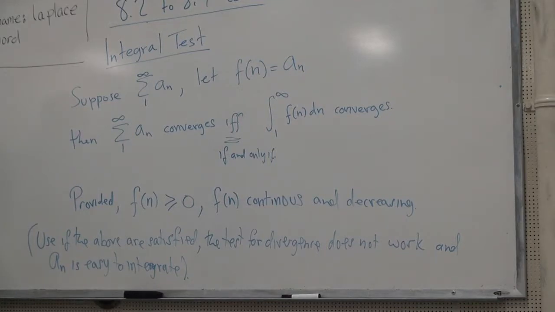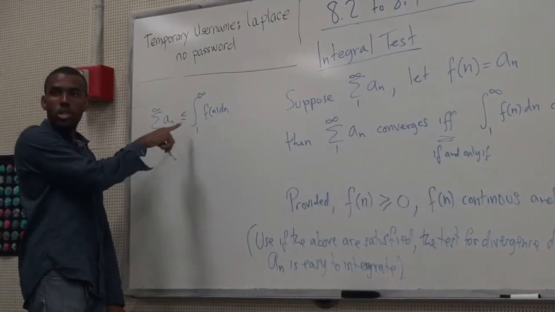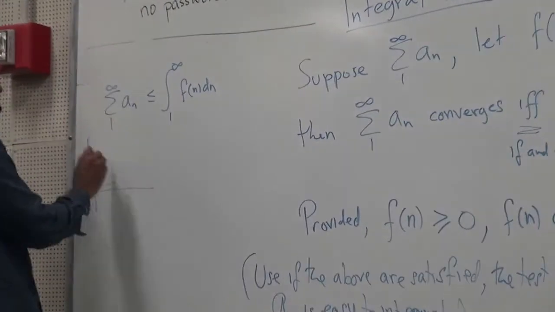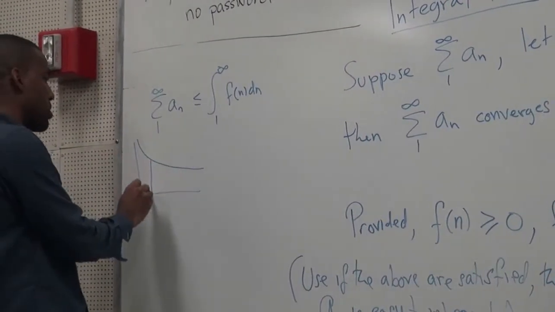Now the reason this works is sort of because of the comparison test. The idea is that this will actually always be true, because a series, if you're looking at some random function, the series sort of adds up.